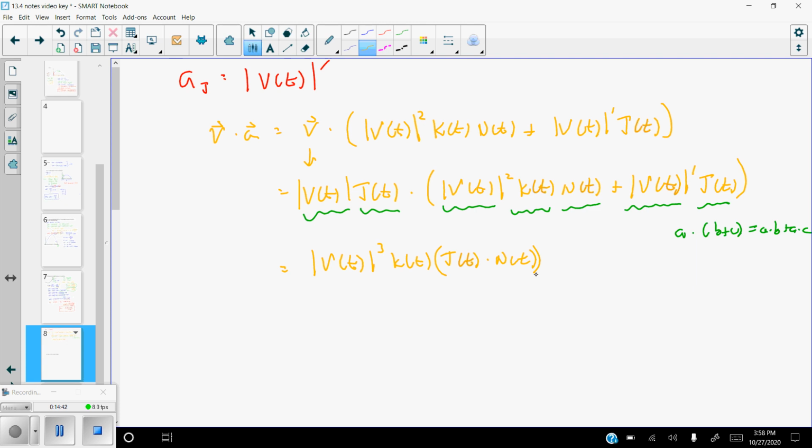Okay, and the stuff outside there was coefficients. And then we'll distribute. So we're going to get, and there's no way to really simplify that one, magnitude of v of t times magnitude of v of t prime. And then we're going to get T of t dotted with itself in parentheses.